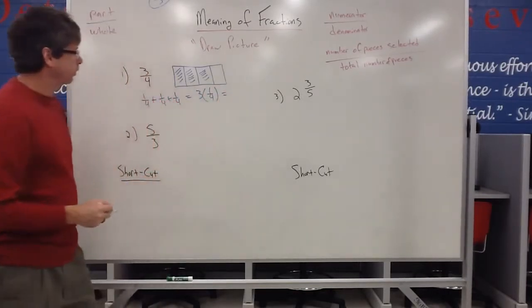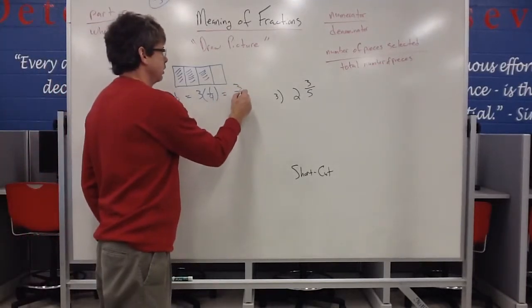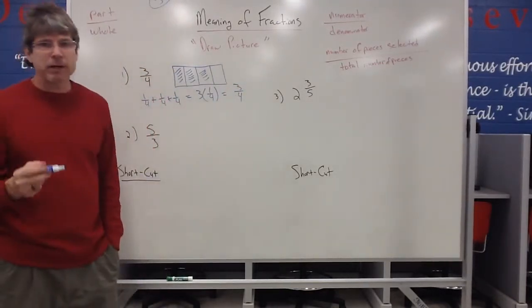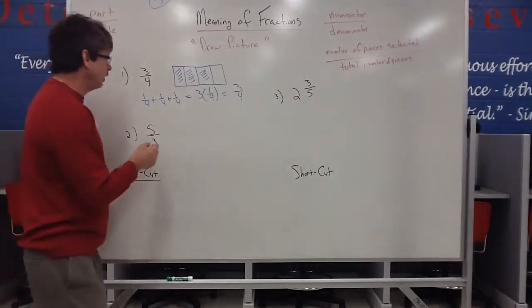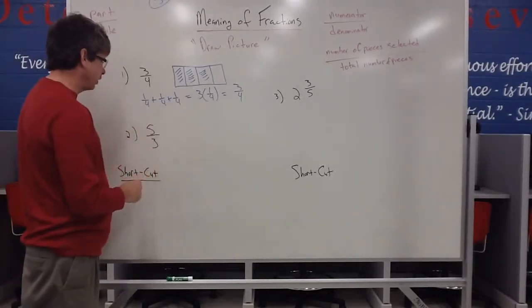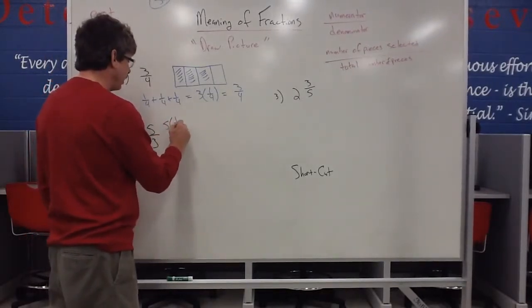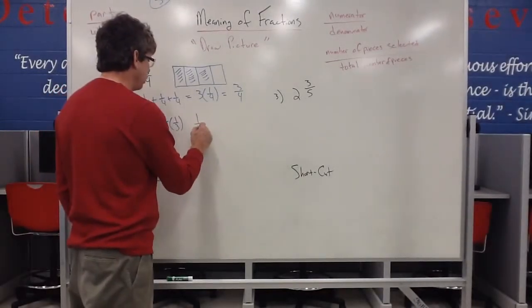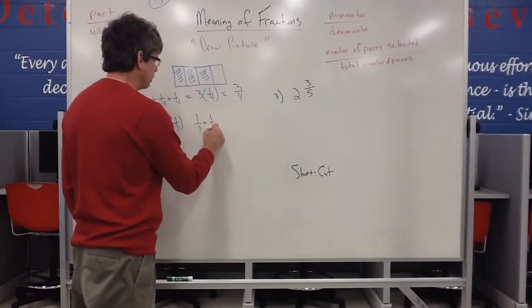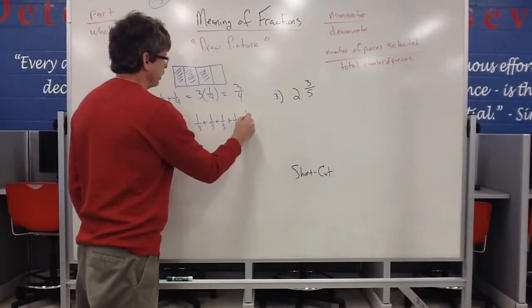A lot of times we'll shortcut this and just say 3/4, but 3/4 actually means 3 times 1/4. If I look at this next example, this means 5/3. In theory, this would mean 5 times 1/3, in other words 1/3 plus 1/3 plus 1/3 plus 1/3 plus 1/3.